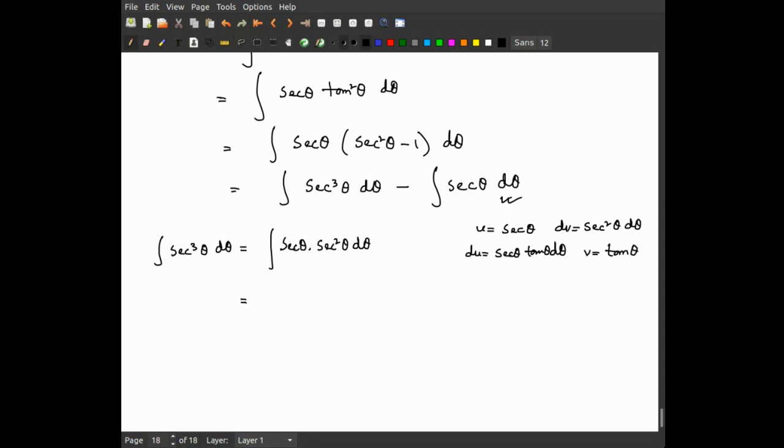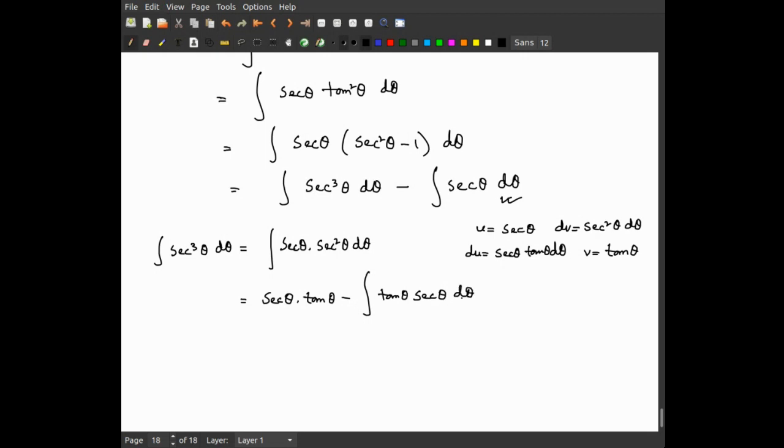Now what's the formula? The formula is u times v, so that means this is secant theta times tan theta minus integral of v du. What is v? v is tan theta, and what is du? Secant theta tan theta, right? Secant theta tan theta d theta.